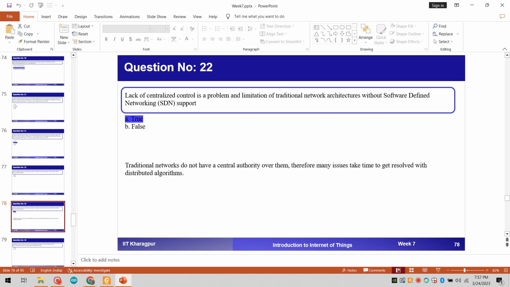See, if you are talking about a particular topology, then it is a different thing, but in an actual scenario, in the case of a bus topology, if that particular bus goes down, then you have to make changes.